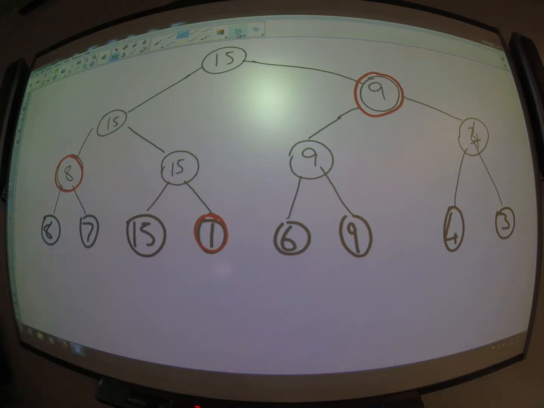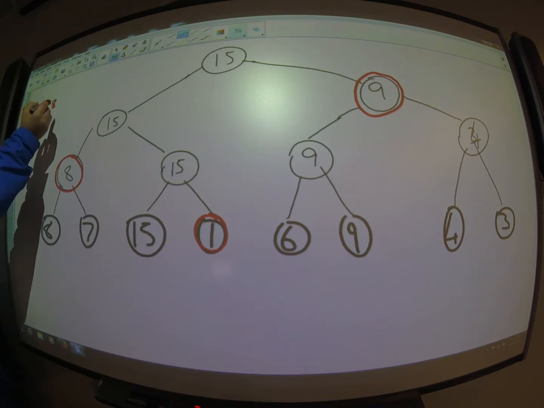So the height of a binary tree, where each parent has 2 children. It could be a tree with 3 children also; each node could have 3 children. But this is a binary tree. You can think about the height as such. Let's say n is equal to 8.